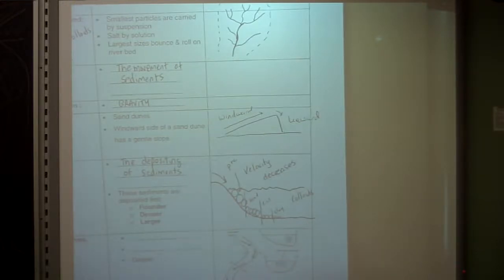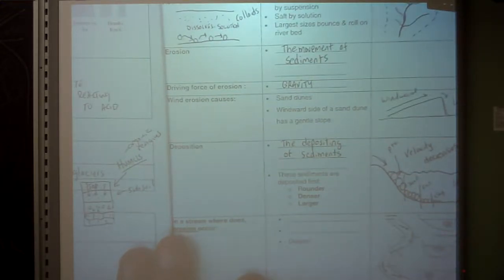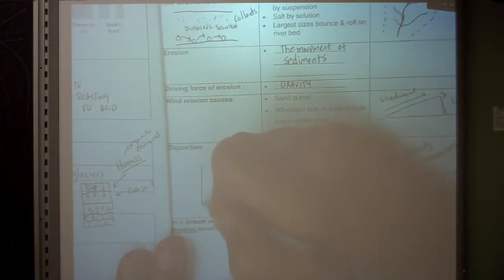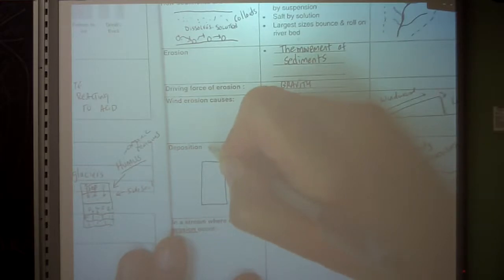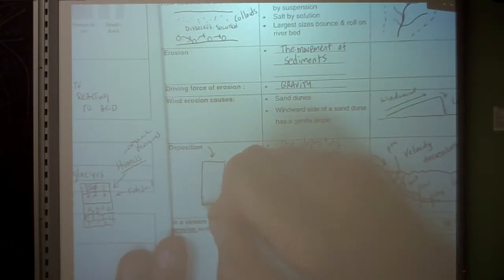But every once in a while we can find a type of sorting called vertical sorting. And it usually happens after something like a landslide or a giant flooding event. And in this case, we get a big mixture of sediments all deposited at one time. They're all mixed up, and they're suddenly deposited. This mixture then sorts itself out so that the roundest and largest are at the bottom.